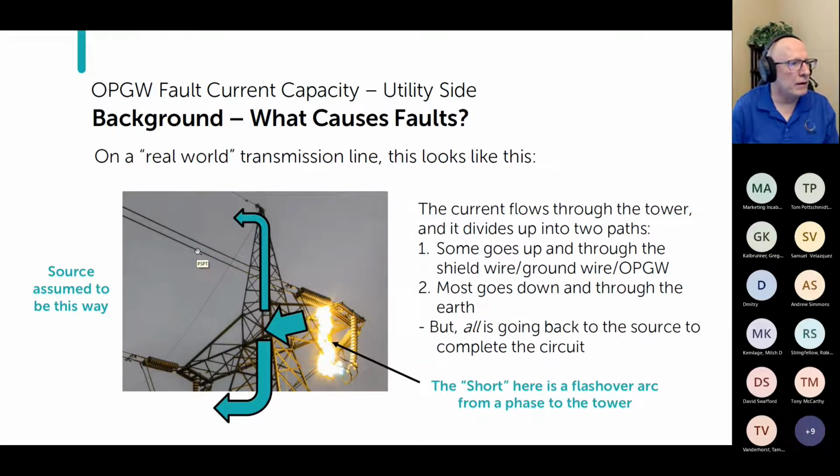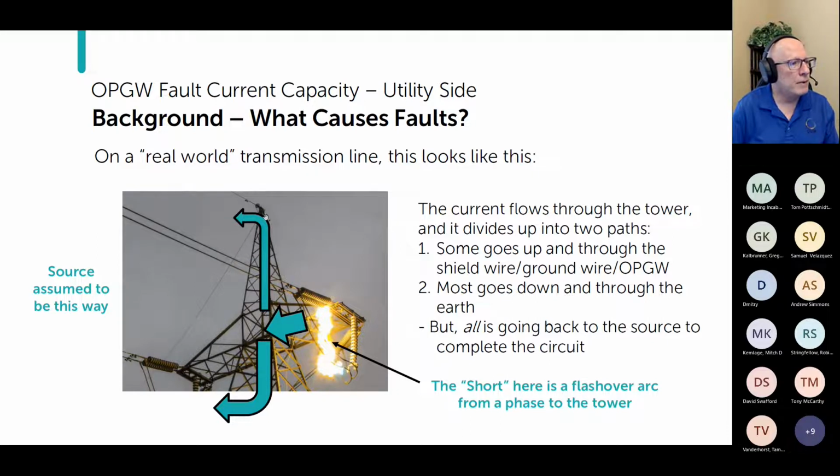On a transmission line, what that ends up looking like is in this picture. You see that there's an arc going from one of the phase conductors to the structure. So that's your short or your fault. Once the current gets to the structure, it's flowing through the structure and it divides.